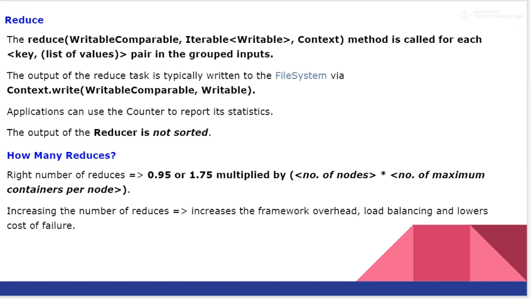Next is the context, which allows you to write the output of the reduce operation. Finally, based on the reduce operation, you do a context.write, where you write the output for each key.